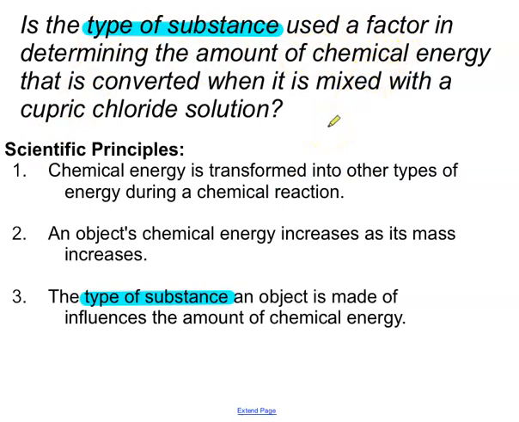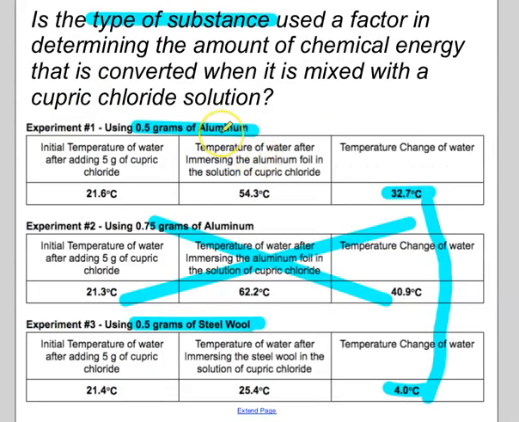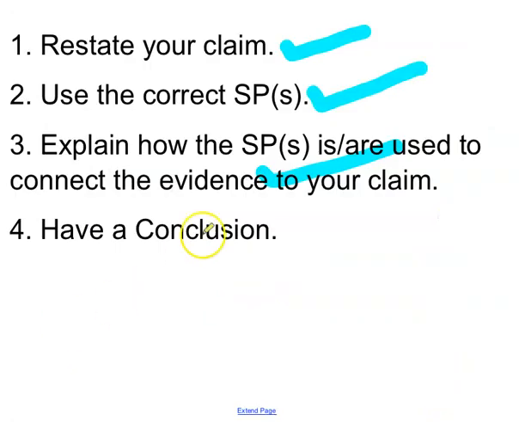And then you might say that it determines the amount of chemical energy because when we mixed aluminum foil with the cupric chloride, we got a much larger temperature change than when we mixed steel wool. Now, you didn't use the numbers there, but you already used them up above when you talked about them here. So that's the last thing you have to have.